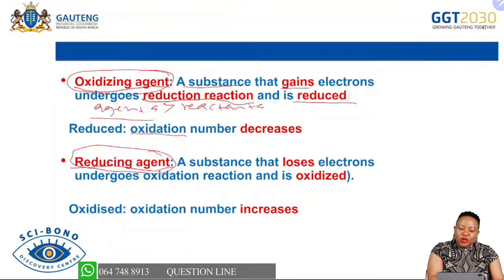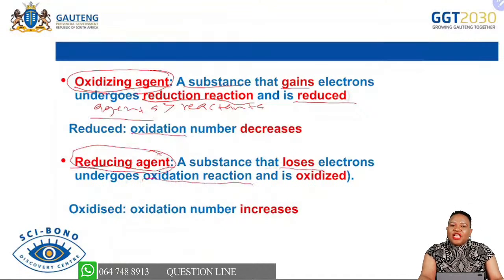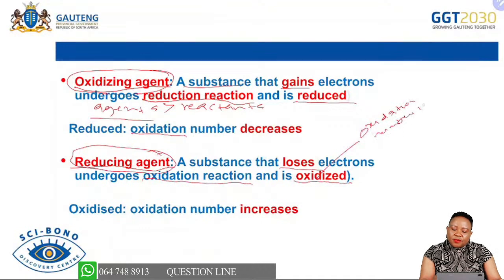However, a reducing agent will lose electrons and undergo oxidation, meaning that its oxidation number will increase, and at the end of the day, we'll say it is oxidized. Oxidized means oxidation number has increased.